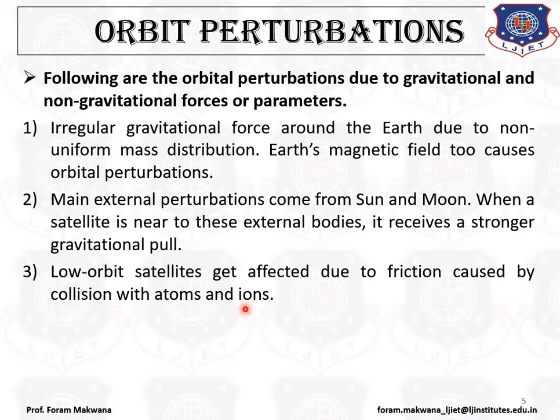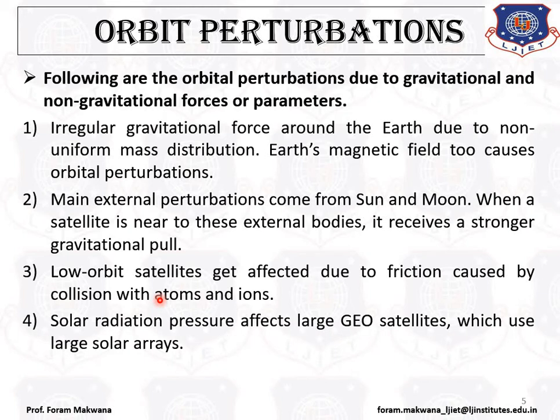So if any satellite is nearer to the earth surface, that is called the low earth orbit satellite, as we have discussed in the first session. So that satellite gets affected because it is nearer to the surface of earth, due to the friction caused by the collision with the atoms and ions.